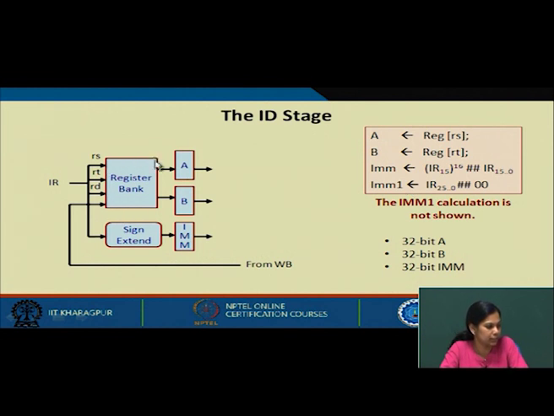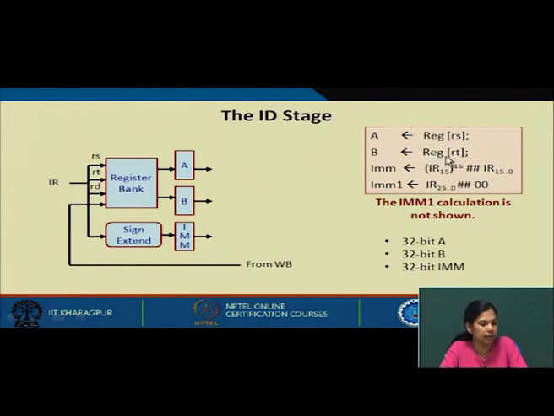From the register bank, RS, RT and RD are coming from IR, and from the register bank it is going to A and B, and after sign extension it is going to the immediate. In A, one of the source register values is coming depending on the instruction.